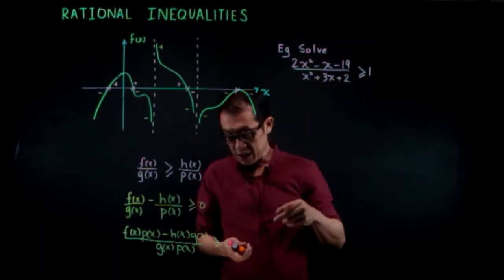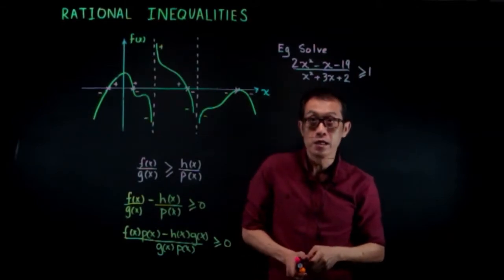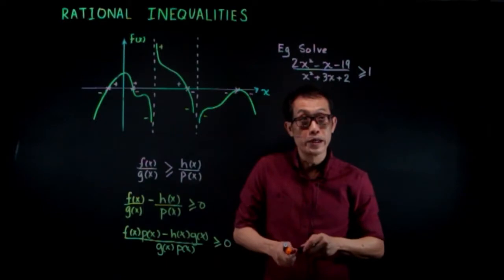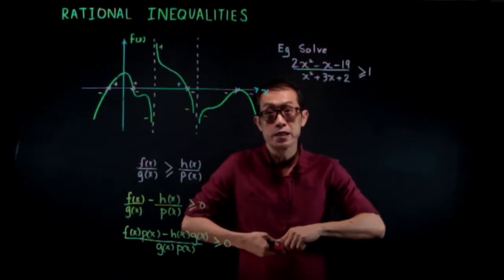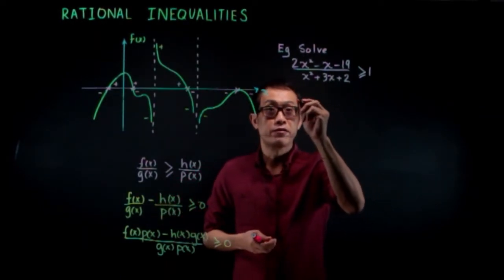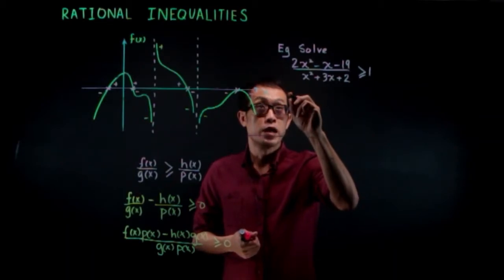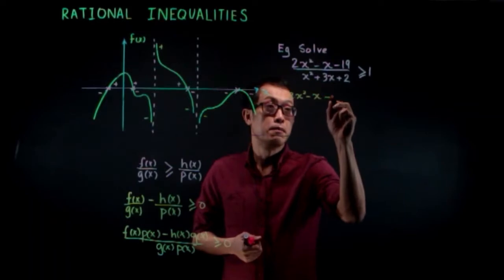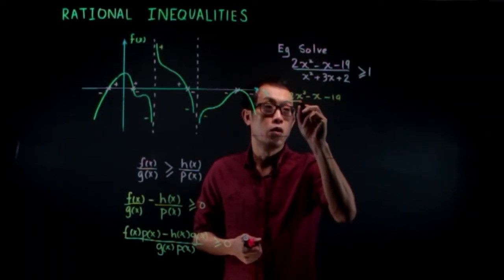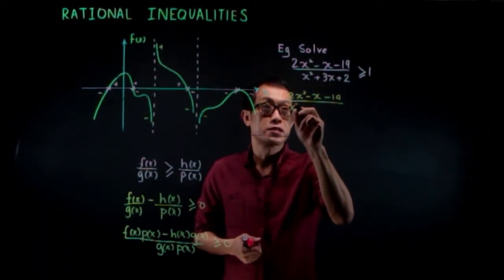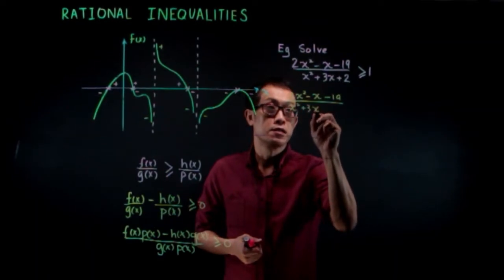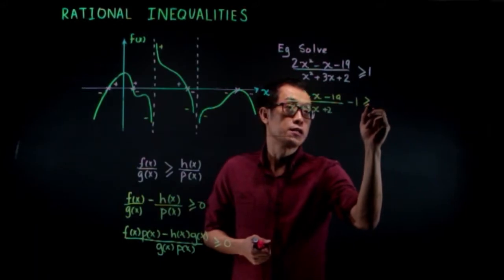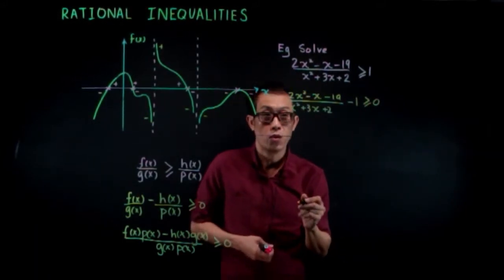Now look at this function. This is a rational inequality. What we need to do is bring the 1 to the other side and express it as a single fraction. So you will have 2x squared minus x minus 19 over x squared plus 3x plus 2, minus 1, is greater than or equal to 0.